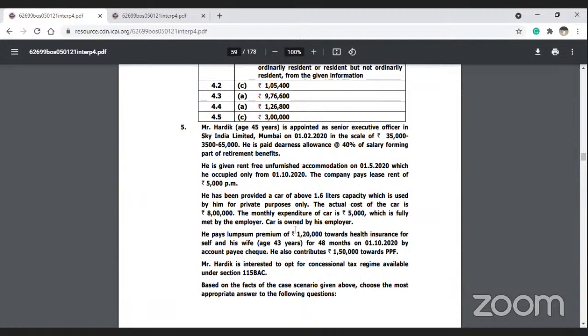Now here appropriate fraction is equal to 1 divided by total number of relevant previous years. So relevant previous years are 5. Relevant previous years means the previous year in which such lump sum amount is paid and the subsequent previous years during which the insurance would be in force.